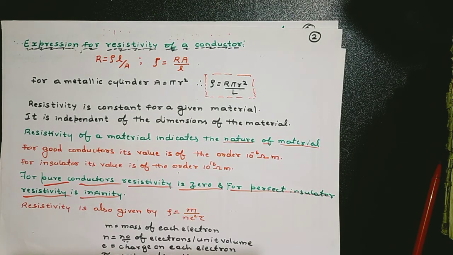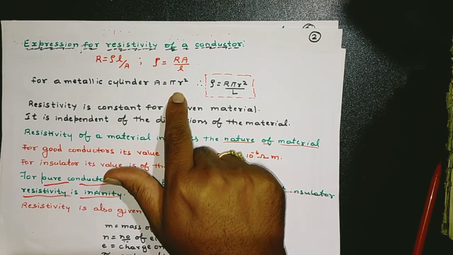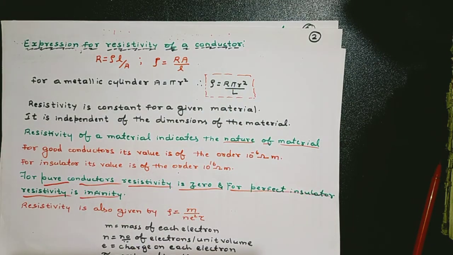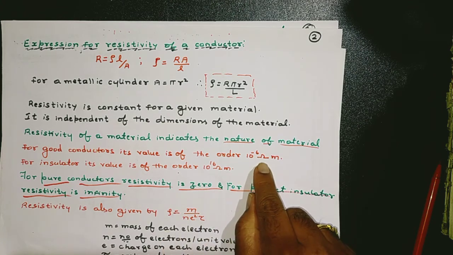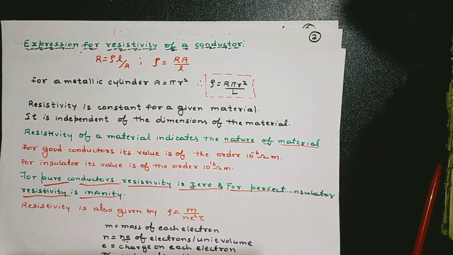We wrote the expression for resistivity of a conductor, and in particular for a metallic cylinder like a wire, because you will be using this formula even in the lab. Then we understood about the resistivity of a conductor and that of an insulator. Remember, for pure conductor resistivity is 0, whereas for pure insulator it is infinity.